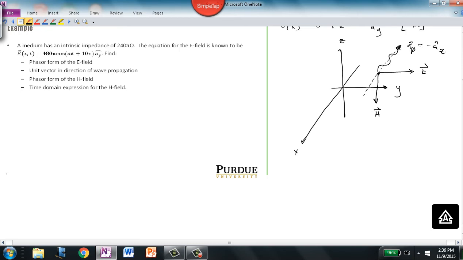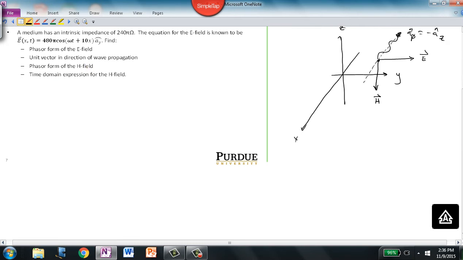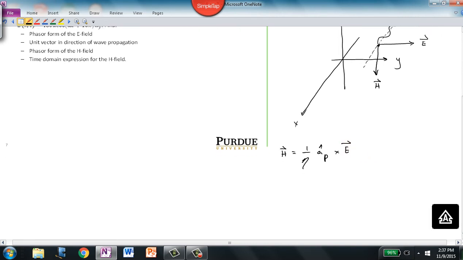So how do we determine the phasor form of the H field? Well, first we just have to figure out the magnitude, and H bar is equal to 1 over eta times a hat rho crossed with the E field vector. And what we can do is substitute our givens in here.